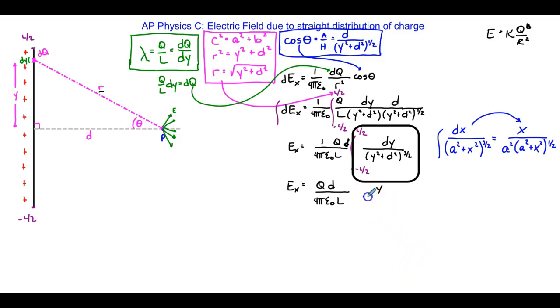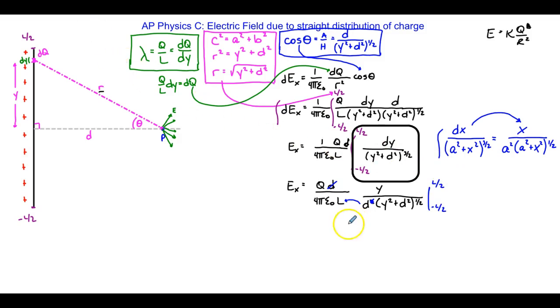And in the denominator, I get d squared times y squared plus d squared to the 1/2. And this d squared, the two d's here cancel out with this d here, and now I can pull that d out. I still have to evaluate this between negative L over 2 and positive L over 2.